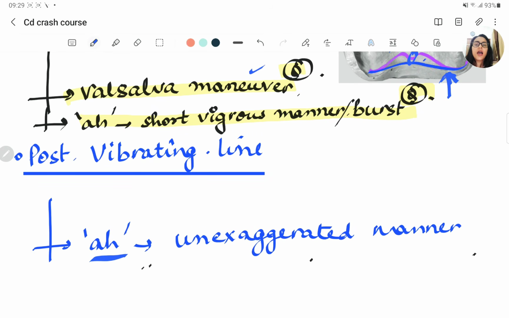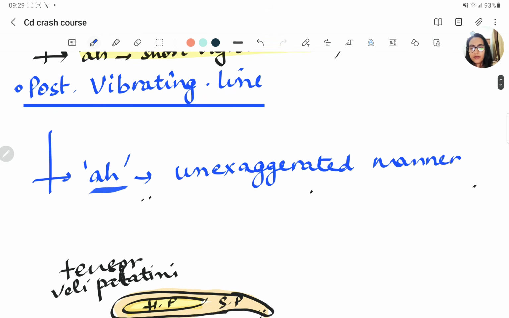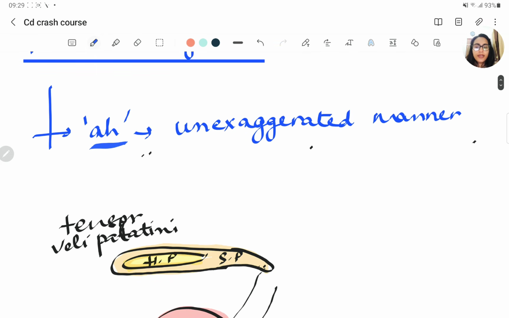So the posterior vibrating line, we record it. We ask the patient to say ah in an unexaggerated manner. Also, this posterior vibrating line is present at the junction of the aponeurosis of tensor veli palatini. Here is going to be the presence of the tensor veli palatini muscle and the muscular portion of the soft palate.